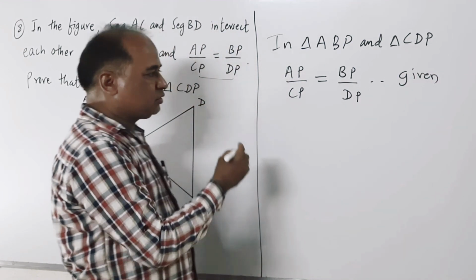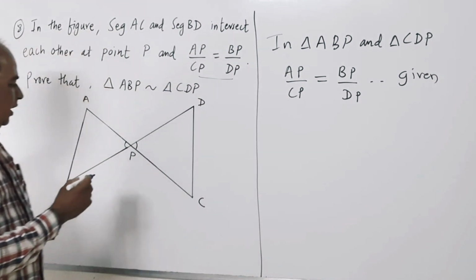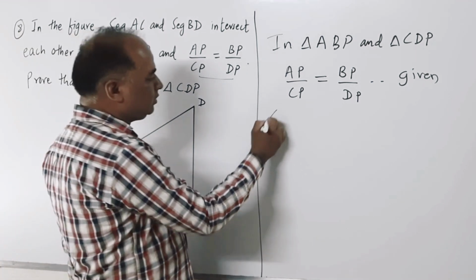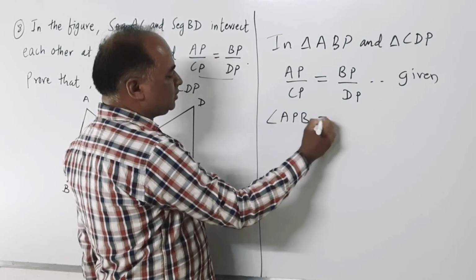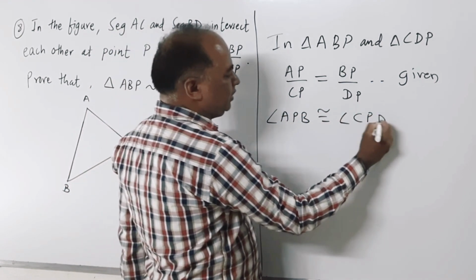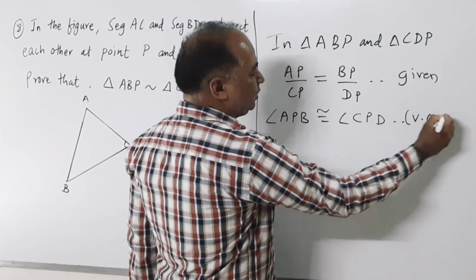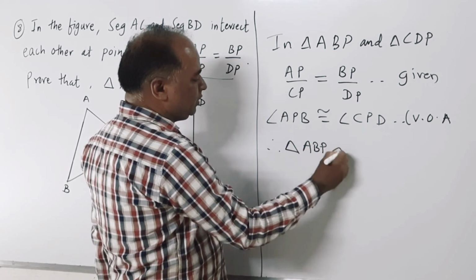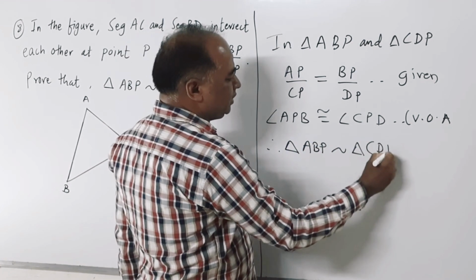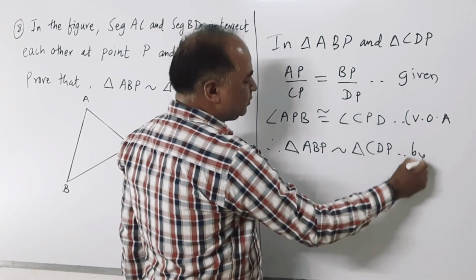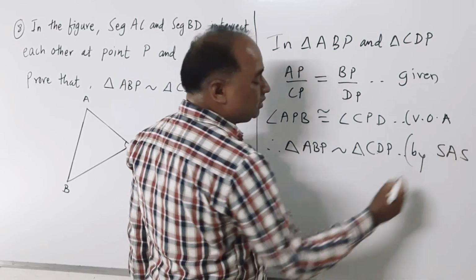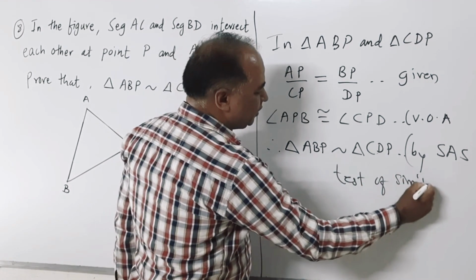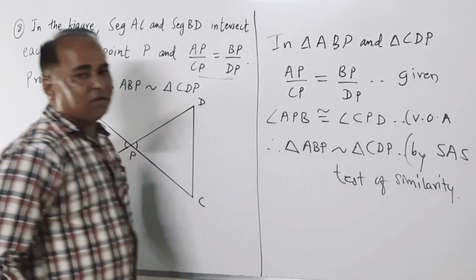Corresponding sides are in proportion, two ratios are equal, and here angle APB is congruent to angle CPD, that is vertically opposite angles. Therefore triangle ABP is similar to triangle CDP by side-angle-side test of similarity.